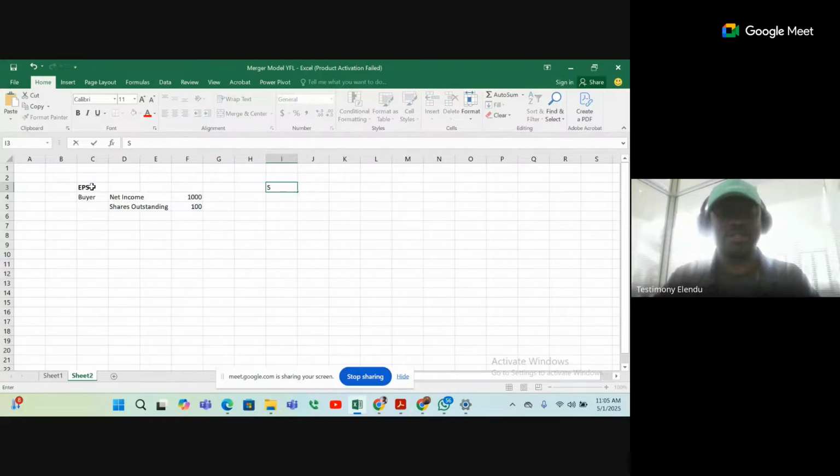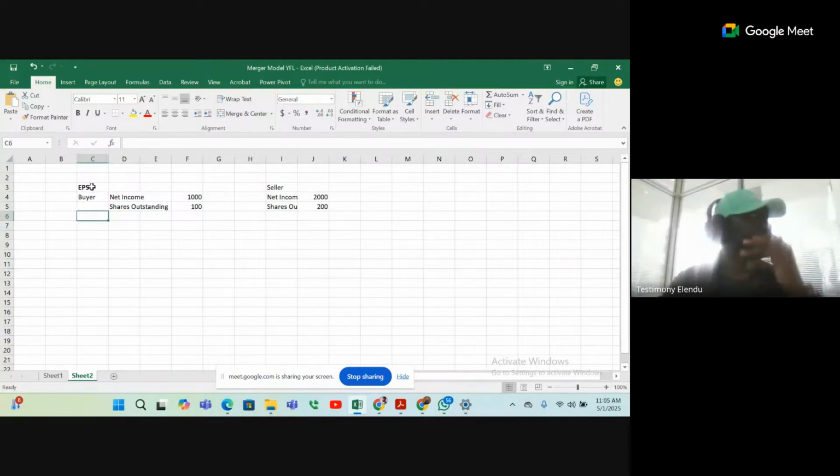Then let's say seller's net income is equal to 200, and then seller's shares outstanding is equal to 200. This is a simple transaction.